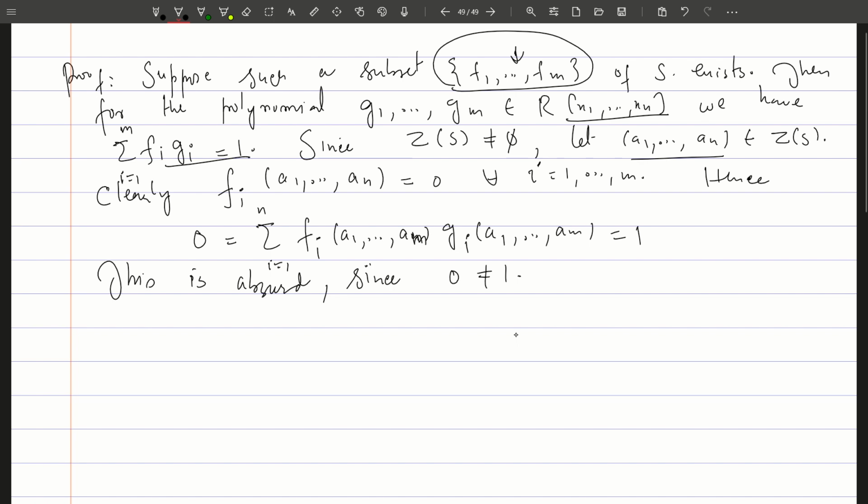Now the converse of this result is true if the ring R is algebraically closed. The converse of this theorem states that if R is an algebraically closed field, and S is any subset of polynomials in the polynomial ring such that no finite subset of S generates 1, then the zero set of S is non-empty.